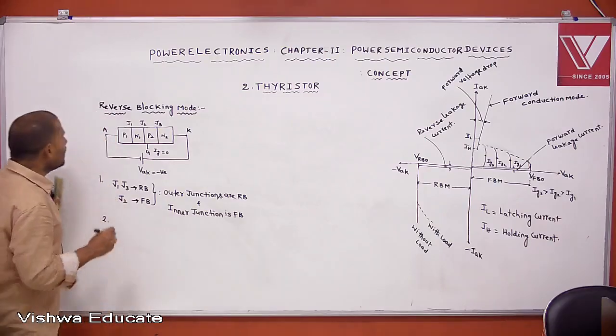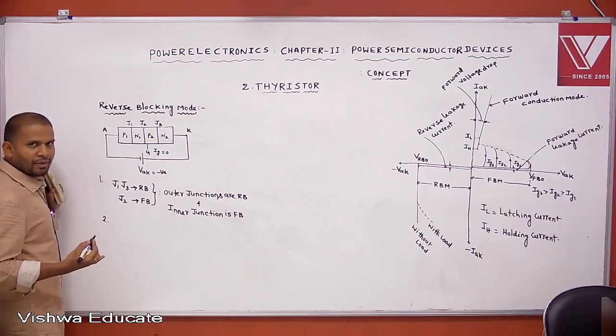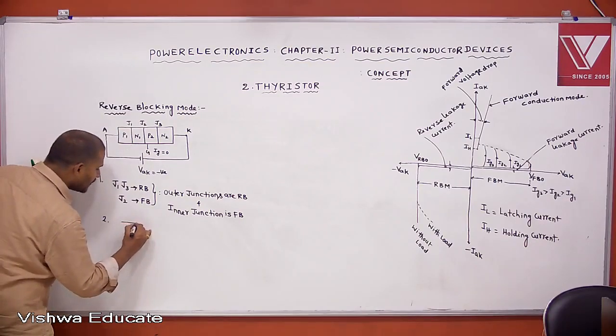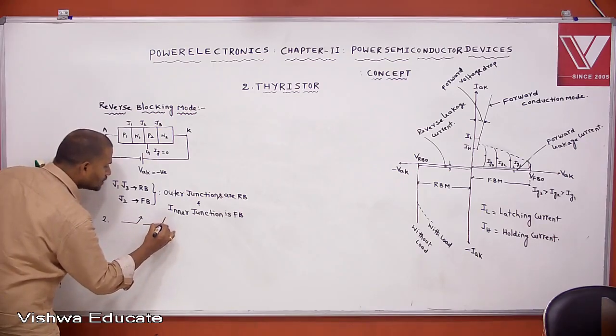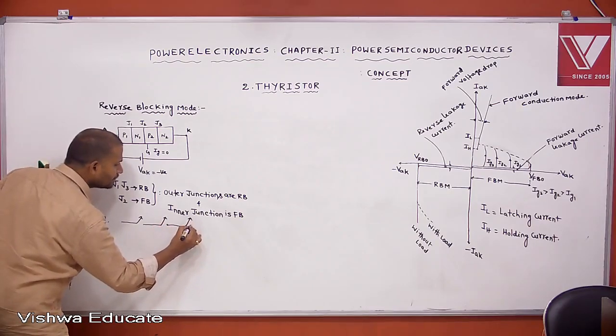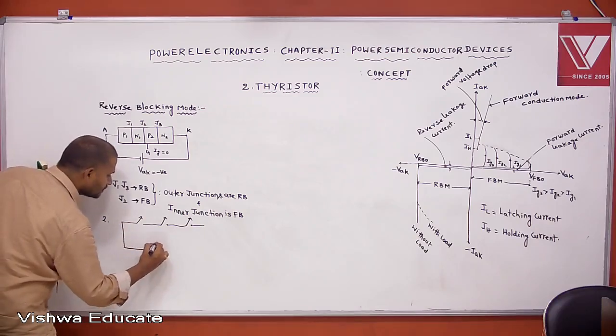Let us assume J1 acts as one switch, J2 acts as another switch, and this is J3. This is a switch equivalent representation of thyristor.